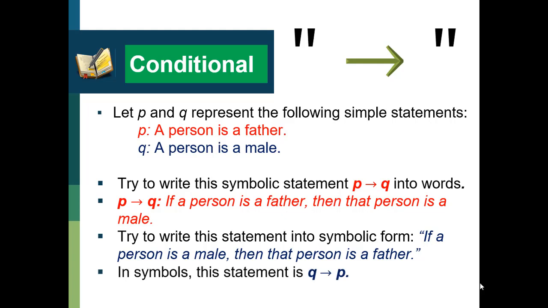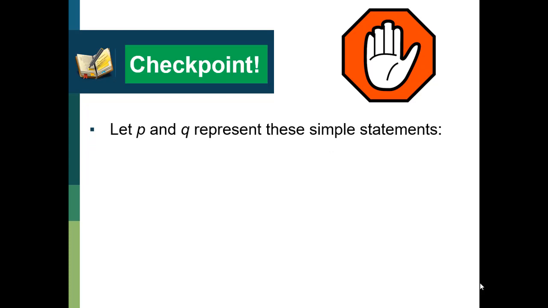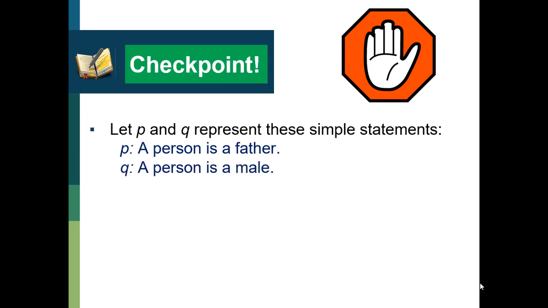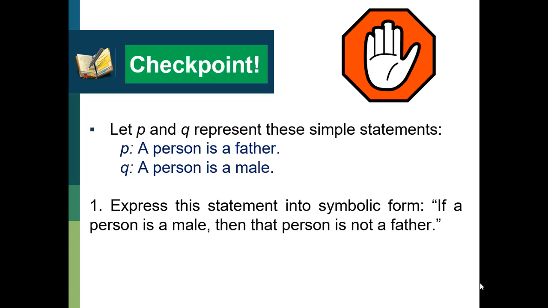Is that clear? Alright. We have now another exercise for you to practice your skills in forming if-then statements. Let P and Q represent these simple statements, the same with our given. P, a person is a father. Q, a person is a male. Now, express the statement into symbolic form: if a person is a male, then that person is not a father.